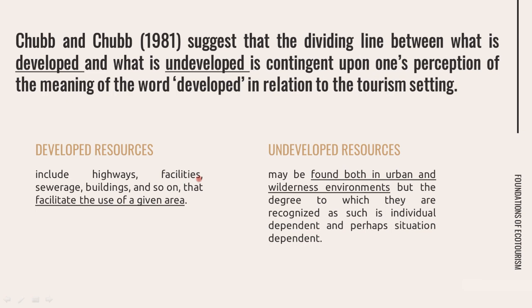Dahil hindi pa siya nade-develop, later on, pwede rin siyang ma-develop. Okay? Parang yung neutral stuff, it is not forever neutral. Ganon din si undeveloped resources. So these are the resources that are available in a particular region, particular area, and can be utilized in the future. So magagamit pa rin natin siya in the future, kaya siya tinawag na potential or undeveloped resources.